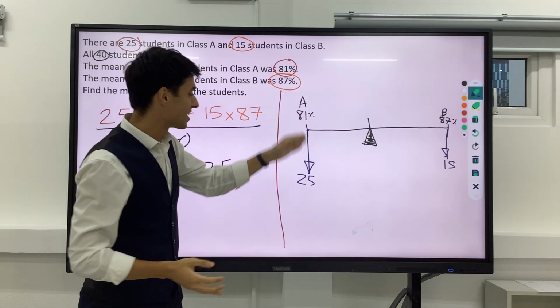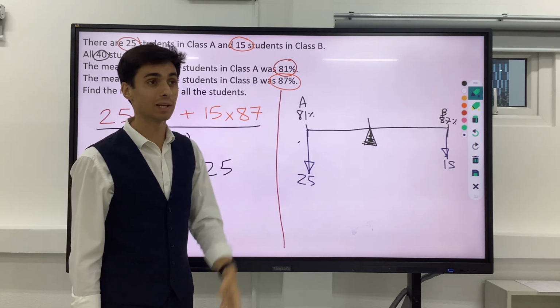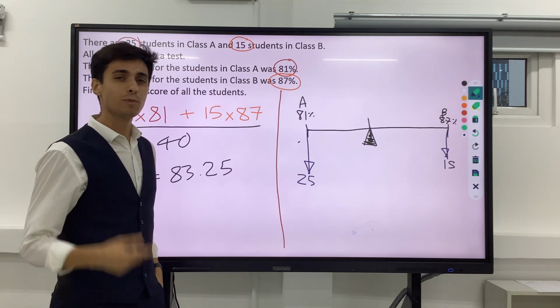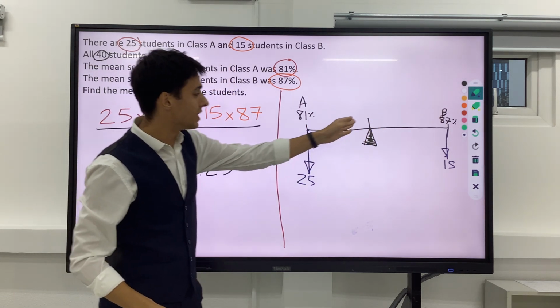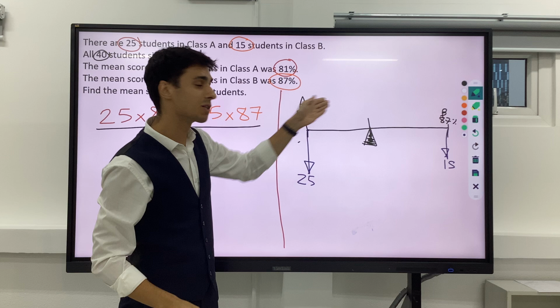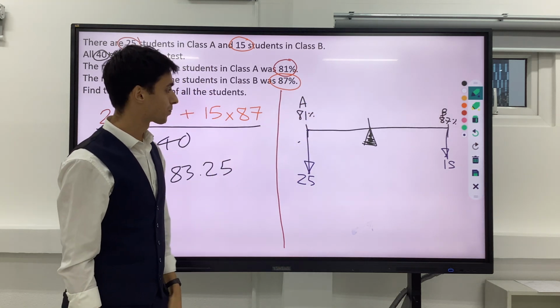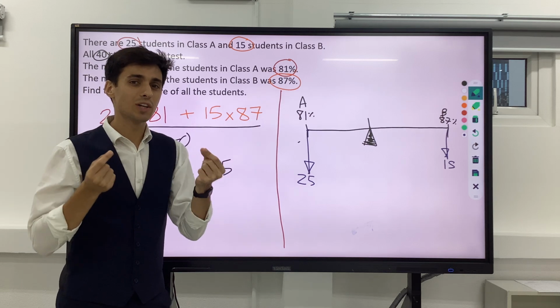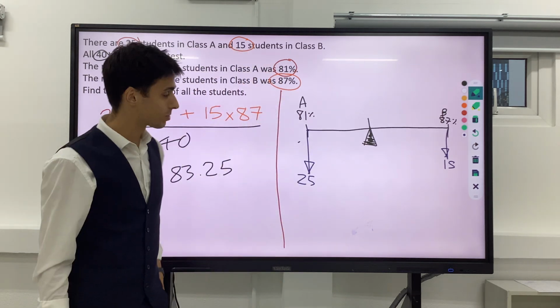That means that A is pulling down with a larger force because there's more people in group A. So if you wanted to make these balance, we need the pivot point to be a bit closer to A to balance out that larger force.